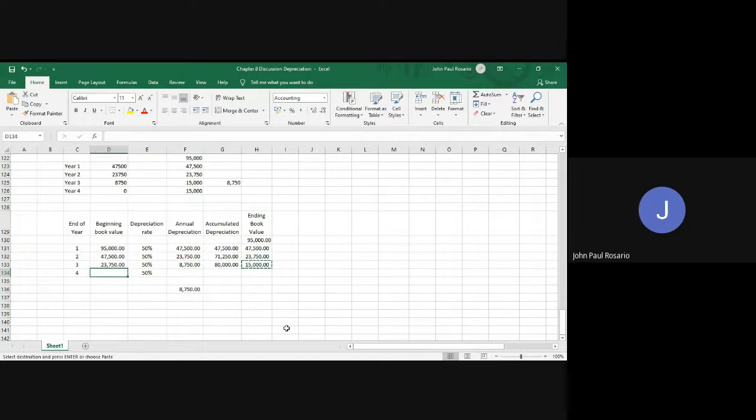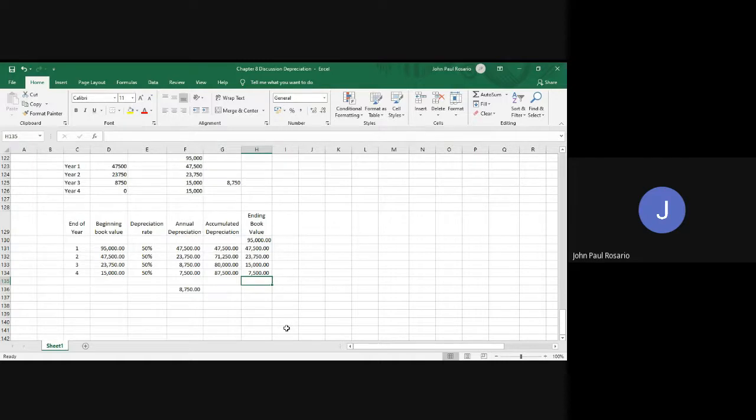Okay, plus to that. And then again, if we multiply that here, we get 7,500. And if you do that, our accumulated depreciation will be this one. And our ending book value will be equal to, sorry, just 7,500, which is way below our salvage value.